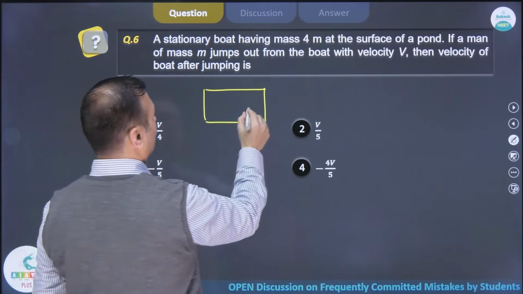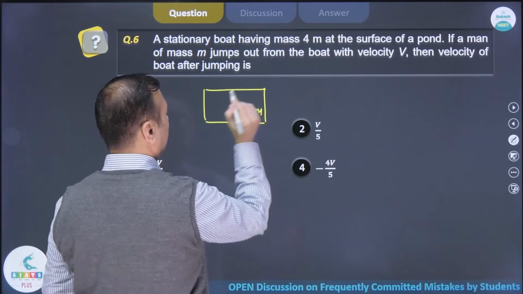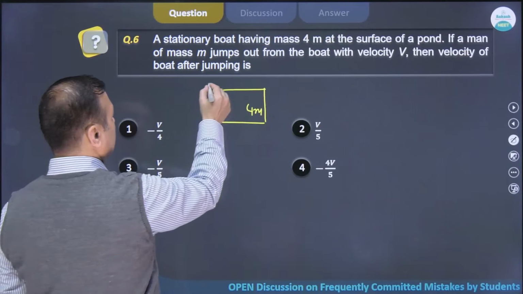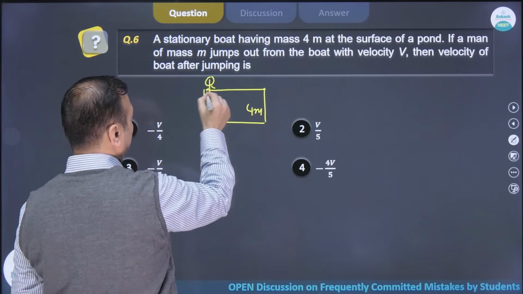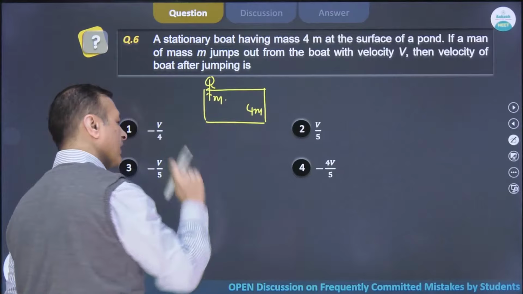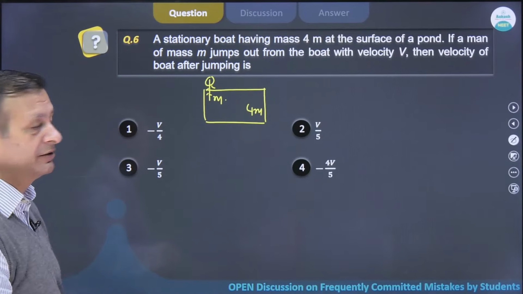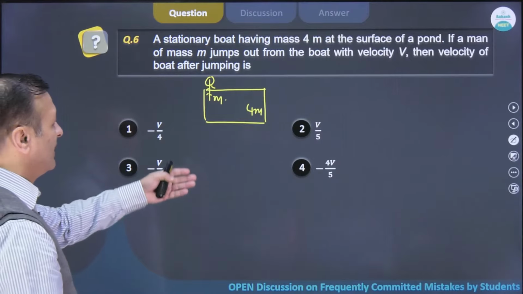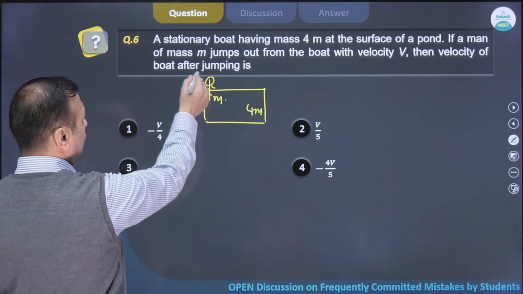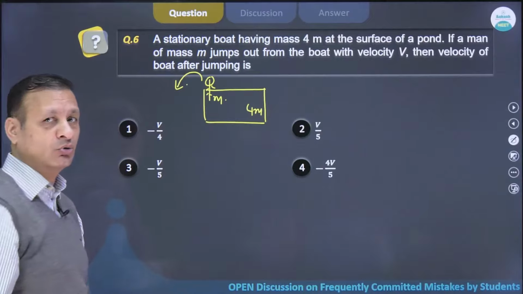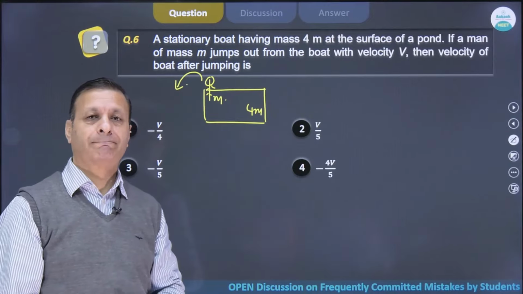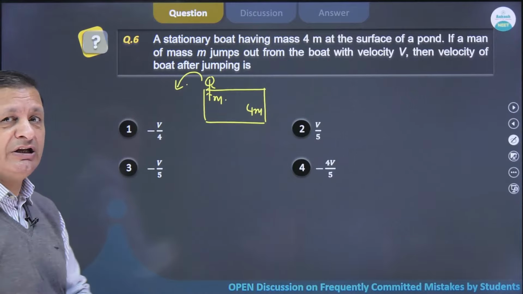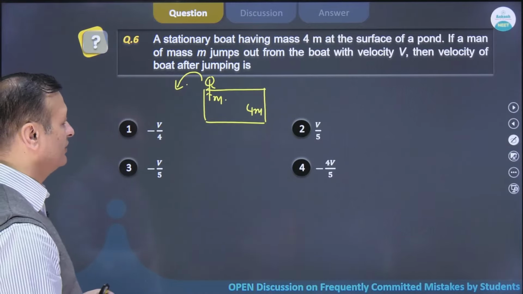So this is a stationary boat of mass 4m, and this is a man of mass m. Got it? If he jumps out from the boat with velocity v, what is the initial momentum of the system?